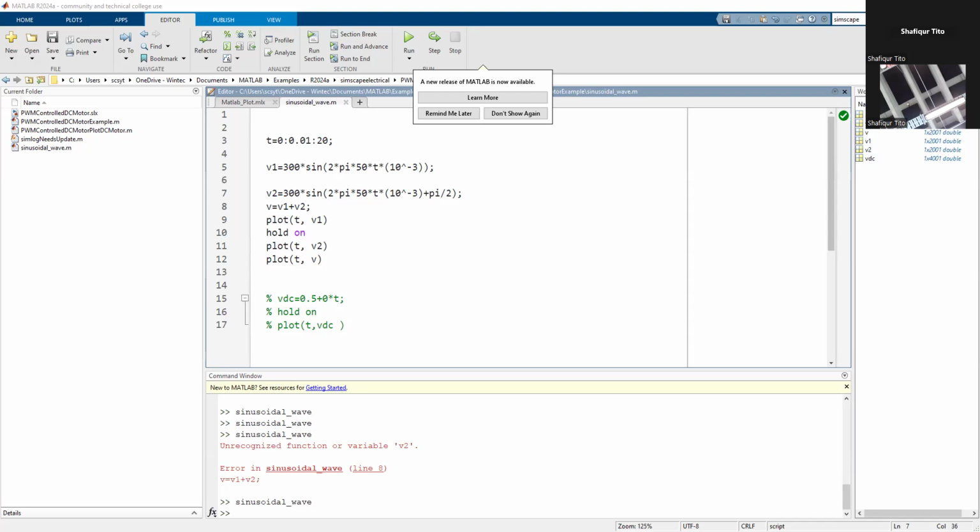But this one starts with its maximum here. That means it is the shifted one, shifted to the left. That one is given by a 90-degree phase shift.